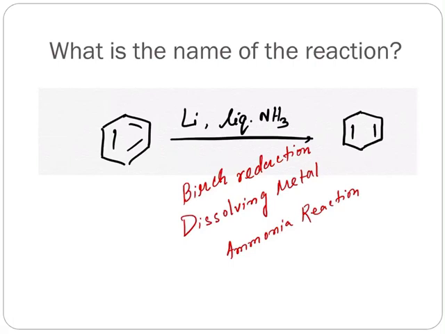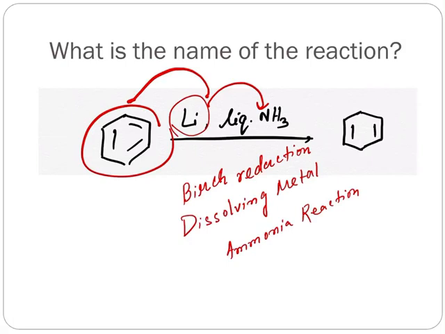Here this lithium metal is dissolved into liquid ammonia, and then it transfers electron to this aromatic ring to reduce it into 1,4-diene compound. This is 1,4-diene compound, and this is a very famous reaction. And one time in NIPER JEE a question has been asked from this name reaction also.